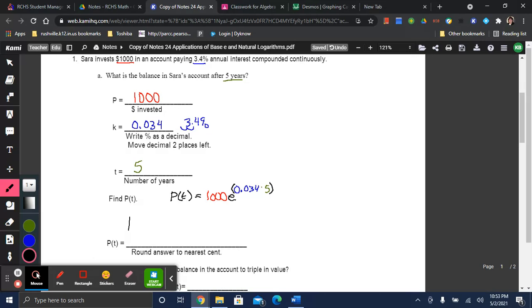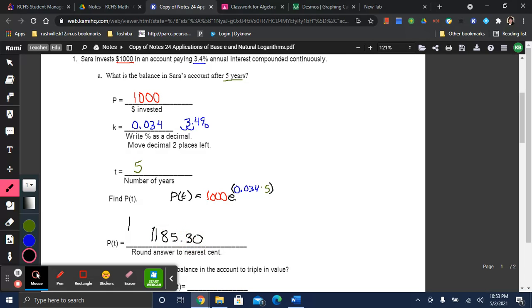So let me get this working again. So 1,000, whoops, get it to draw. $1,185, I think that was, and 30 cents.